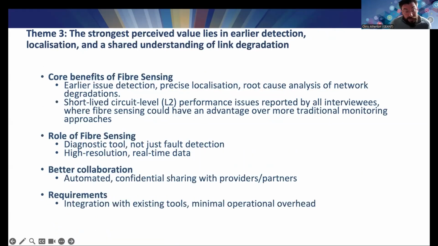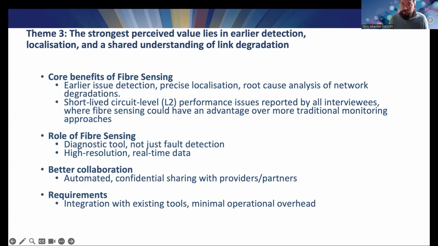For theme 3, we found that one of the strongest perceived values lies in earlier detection, localization, and a shared understanding of link degradation. This is linked to what I said in theme 1 about this need to respond more quickly to threats and incidents, and to increase that response time.